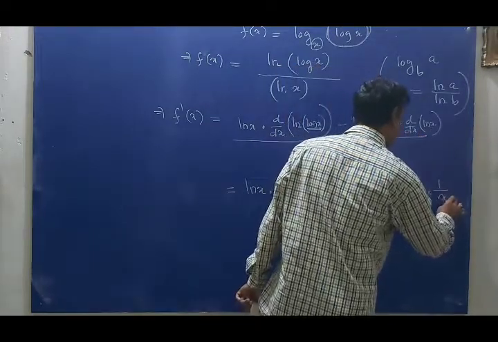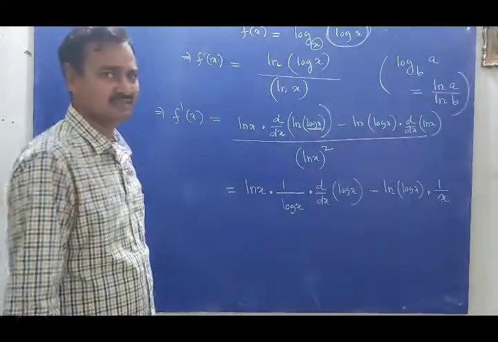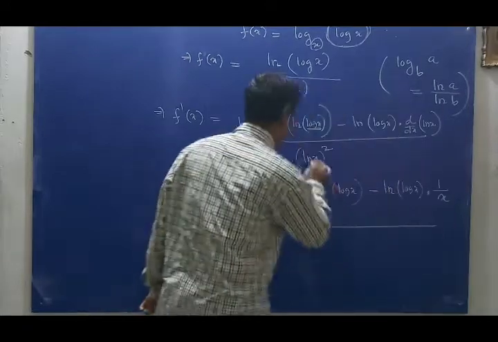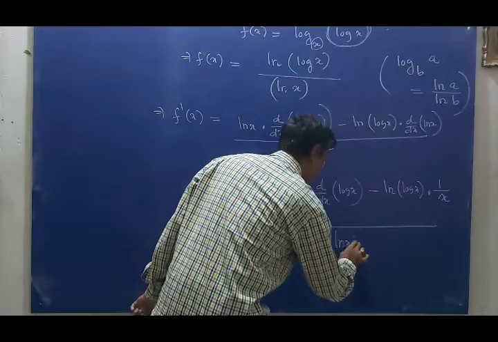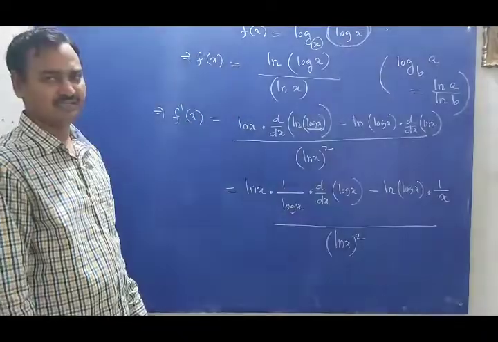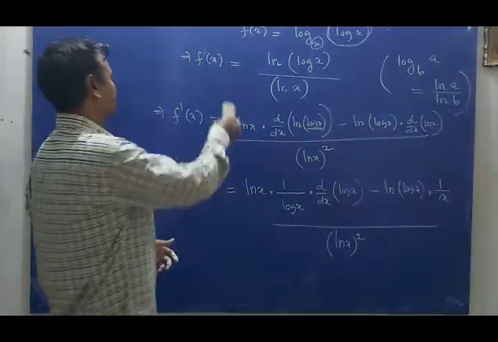So this is 1 by x, this is 1 by x, whole by ln of x whole square.